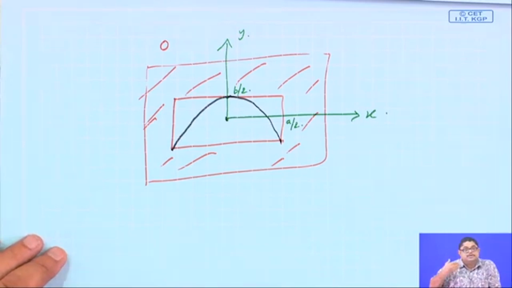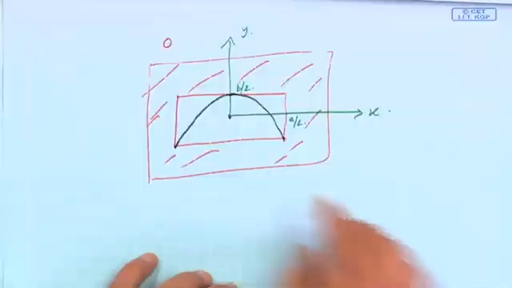That means, suppose from z less than 0 it was a transmission waveguide having TE10 mode. So, that was the field pattern.